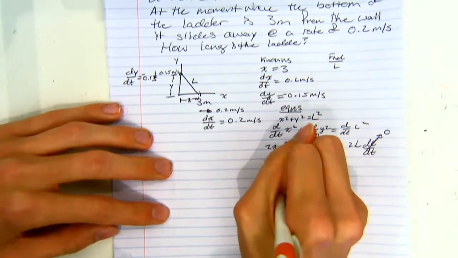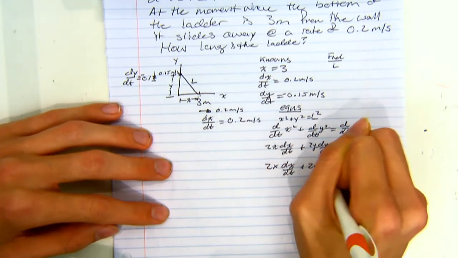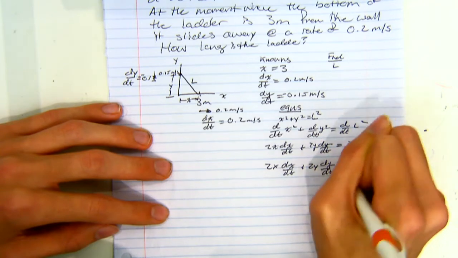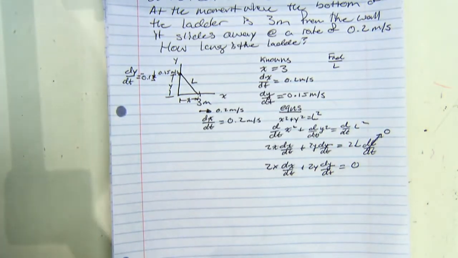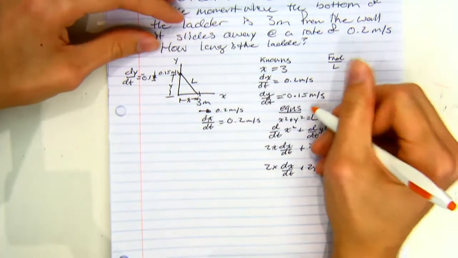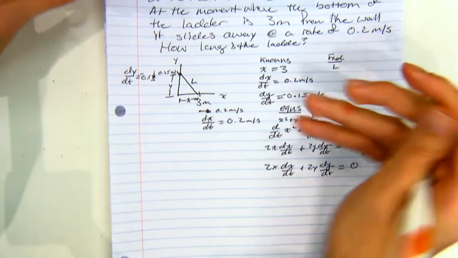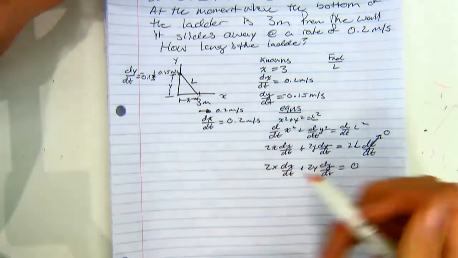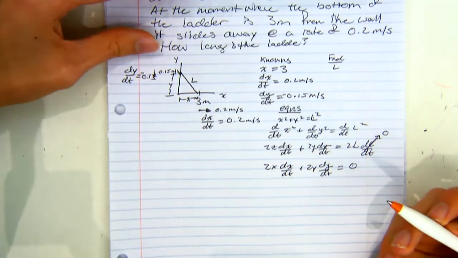So we write x dx/dt plus y dy/dt equals 0. To find L in this equation, we need y. That's the value that we don't have. However, we just came up with this equation, and we have everything for this except for y, so we can solve for it.